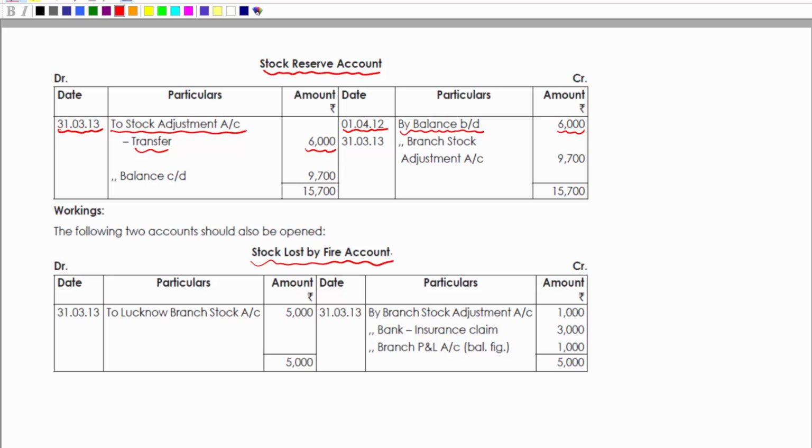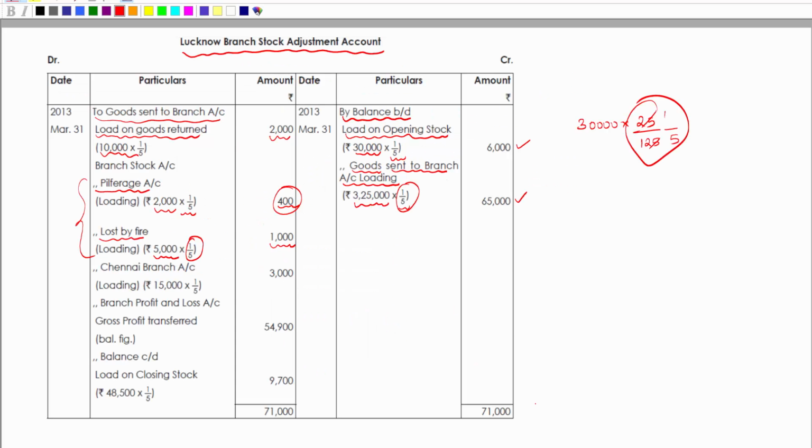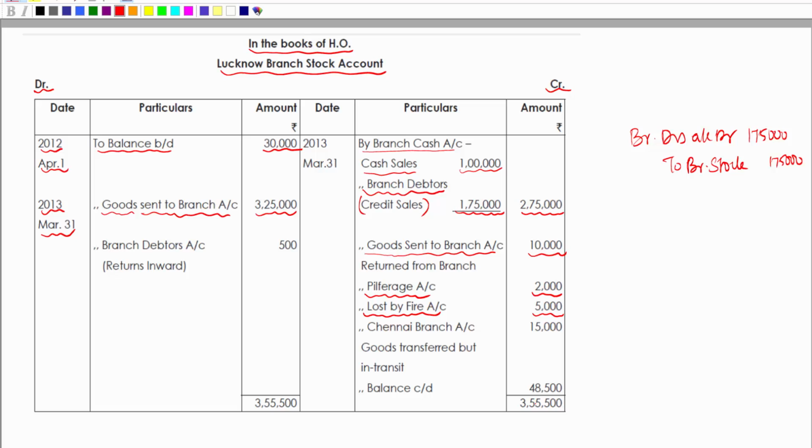There is a separate account called stock lost by fire account. Okay, and the entry is, originally we passed an entry in branch stock account. We'll take that entry as a base. The entry is by stock lost on fire account, debit to branch stock account.